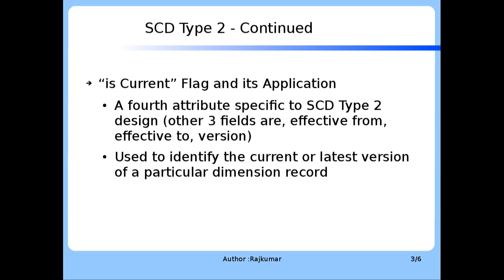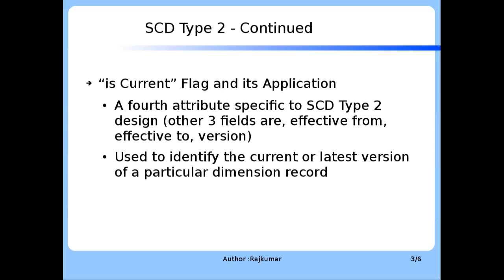So what is an isCurrent flag and what are its applications? This is the fourth attribute specific to SCD Type 2 design. In the earlier demo session, we have seen the other three attributes: the two date range fields, effective from and effective to, and the third, the version field.